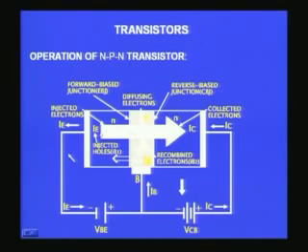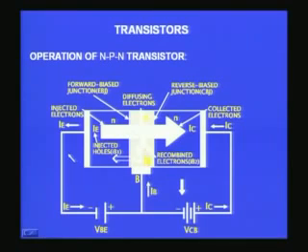Therefore you would find most of the electrons emitted by the emitter into the base will find themselves happily on the collector side, but a finite number of electrons will find corresponding holes and they will be lost, but this loss will correspond to a small current in the base region, which is called the base current. The electrons moving in this direction will correspond to a current in the opposite direction. Conventional current is opposite to the direction of electron flow, and therefore this corresponds to a small base current.